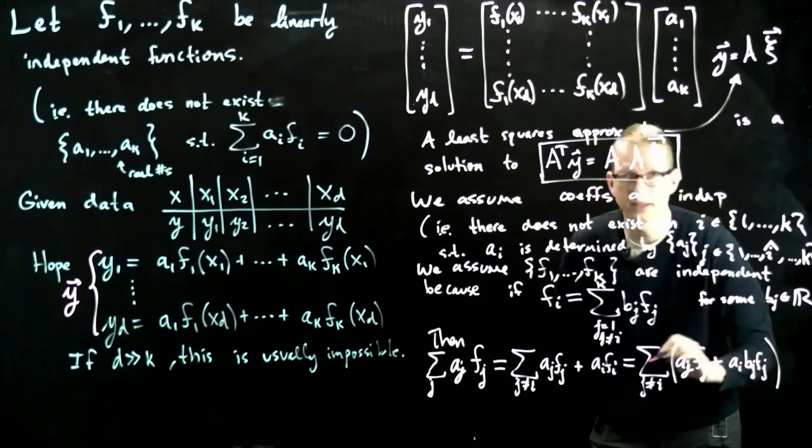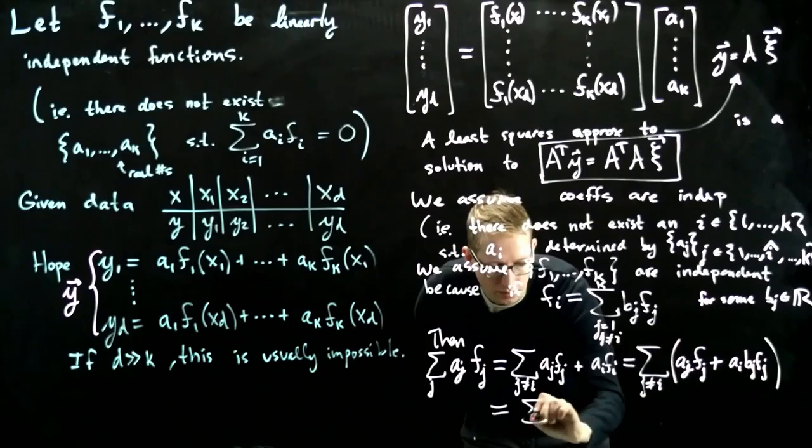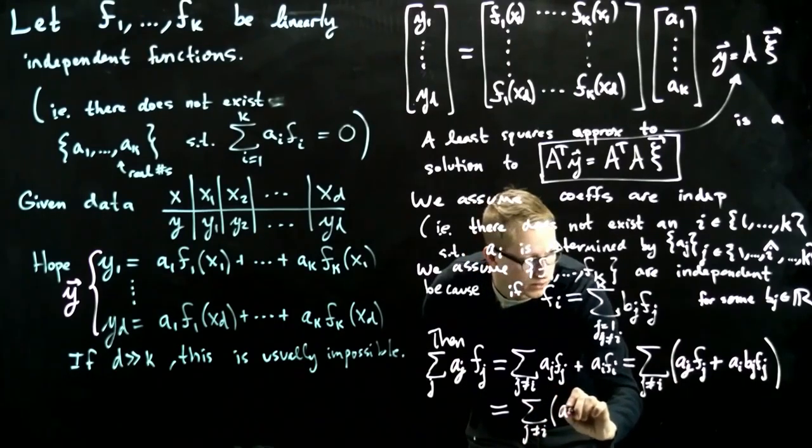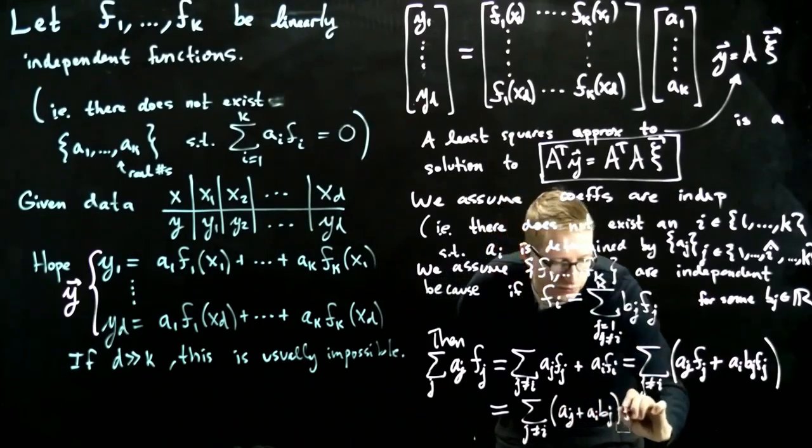And now you notice that fj is a common factor. So when you factor that out, you get the sum over j not equal to i of (aj plus ai bj) fj.